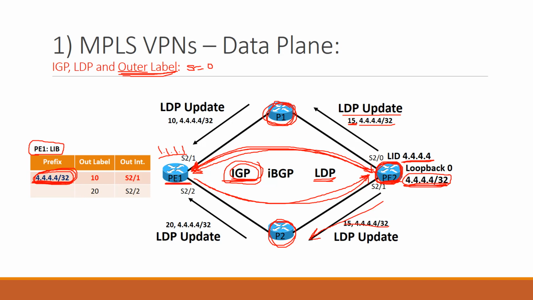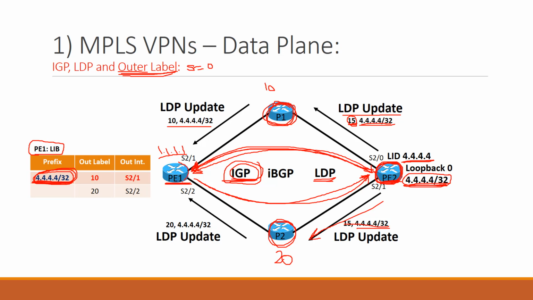Here, P1 received an update from BE2 for IP prefix 4.4.4.4/32 with label 15. Normally, P1 will assign this prefix a local label, which is 10, and advertise this update to the other LDP neighbors. Similarly, B2 will assign a local label, let's say 20, to this IP prefix and advertise to the other LDP neighbors.